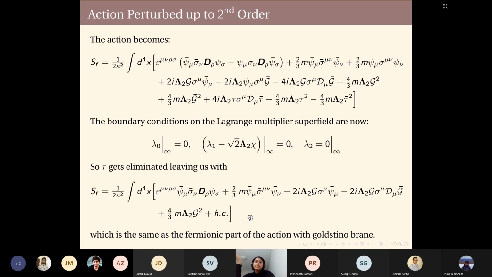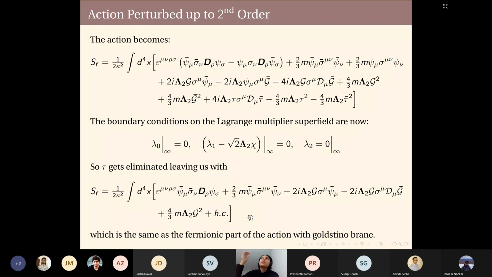And this is the same as the fermionic part of the action that was derived using the Goldstino brane by Bandos and collaborators. So at least up to the second order, I have shown that the Stückelberg unimodular supergravity action matches the Goldstino brane action. I had already mentioned earlier that the Goldstino brane action was shown to match the nilpotent superfield action via field redefinitions.